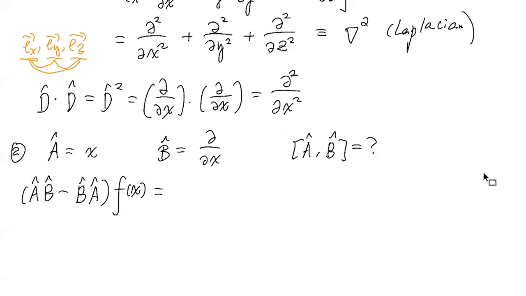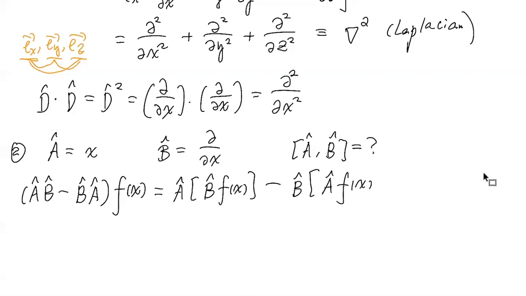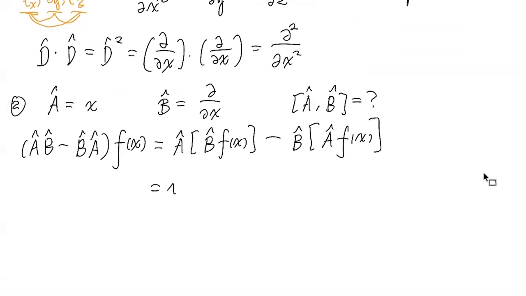Based on our definition of the product of A and B, we have A times, you first apply B on f of x, minus B times, you first apply A on f of x, right? So what do we get? We get x times partial x f, minus partial x of x times f of x.